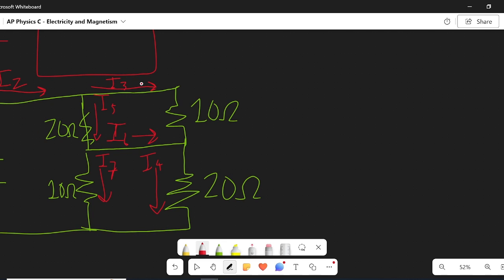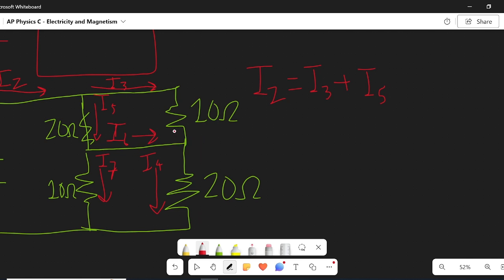So the first one we can think of is a node equation, right? So at this node, I2 splits up into I3 and I5, right? So we know that I2 equals I3 plus I5, right? And then now if you look at I3, for example, I3 is splitting up into I6 and I4, right?